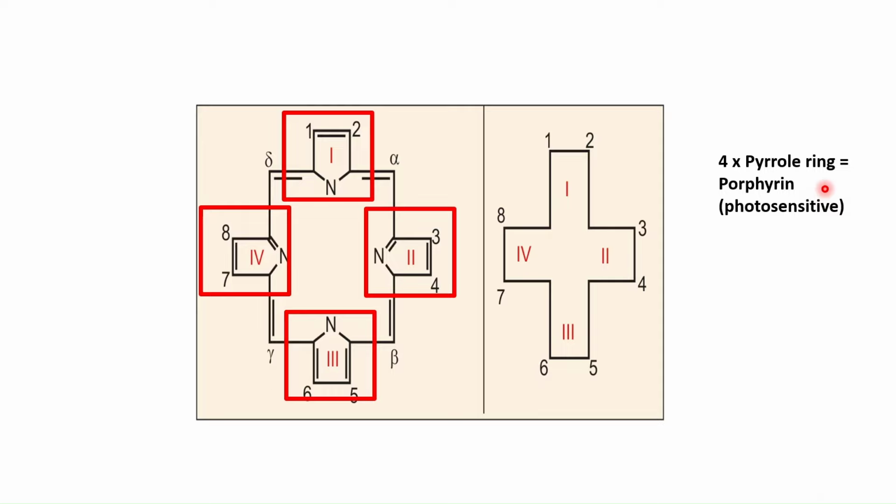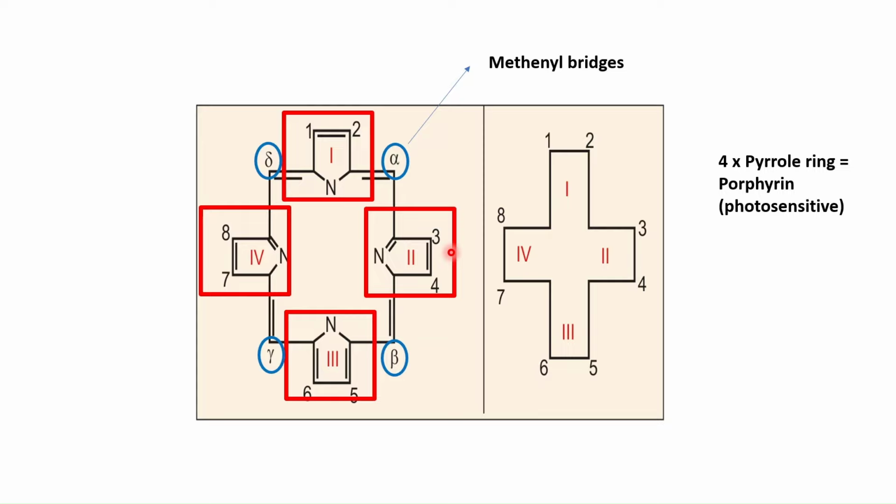Now these pyrrole rings are joined together by methinyl bridges. This is the methinyl bridge which is joining the 1st and the 2nd pyrrole ring. So we have the alpha methinyl bridge joining the 1st and the 2nd pyrrole ring. Similarly we have beta, delta and gamma methinyl bridges.